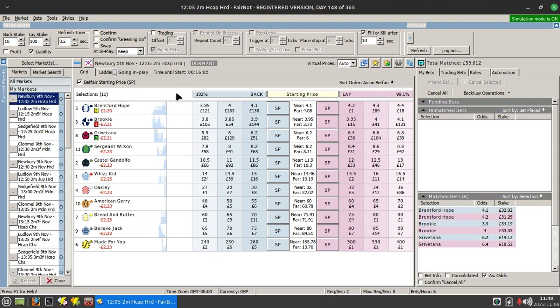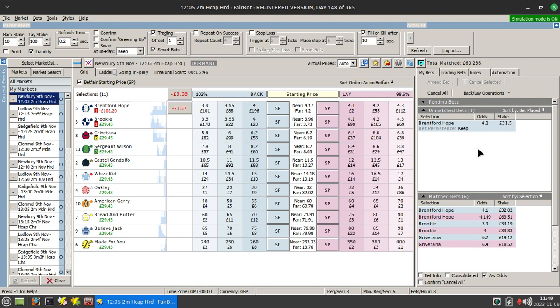Let me just clear that away by trading out. So we use that in conjunction with the trading option. Now in this case we get the same thing. We'll get £100. Obviously there's going to be a little bit more because of this red here that we've got. But if I lay Brentford Hope again, we have an offset of, in this case, 1 tick.